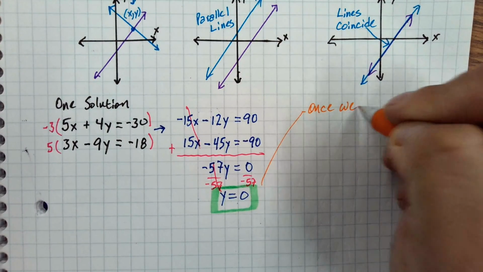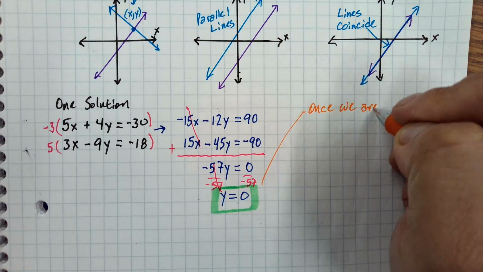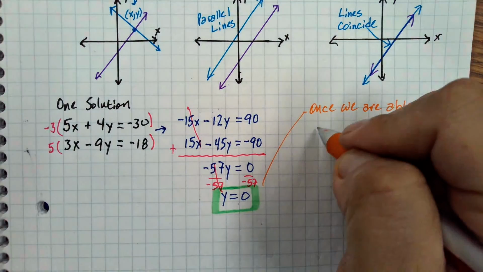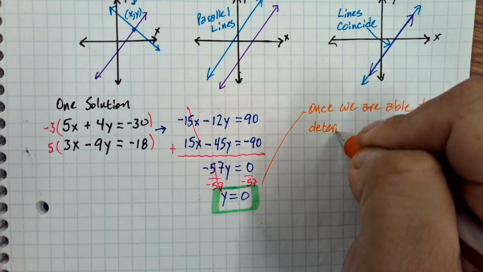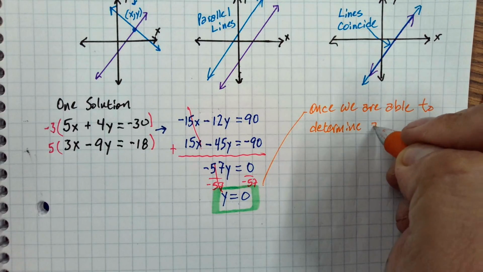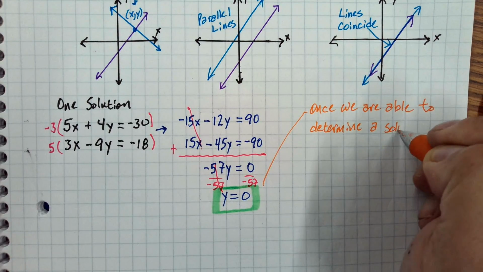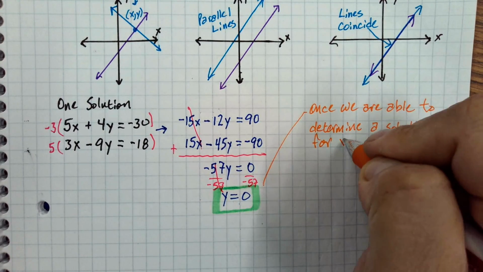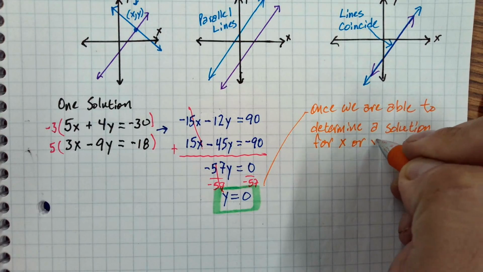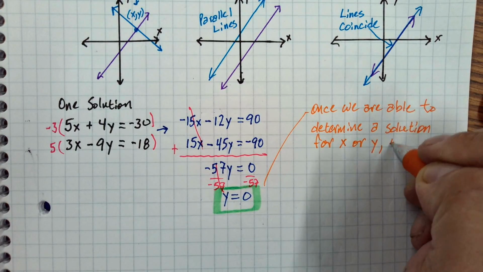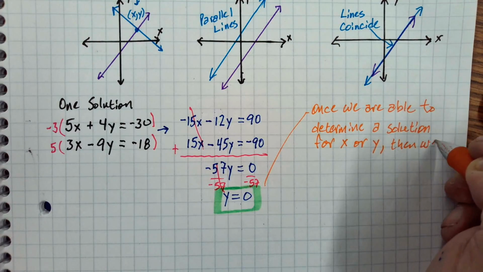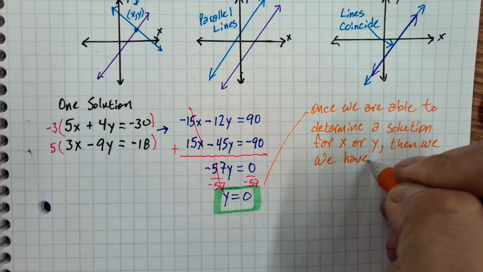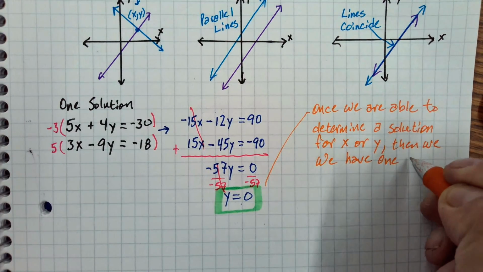Once we are able to determine a solution for x or y, then we have a solution. Or we have one solution.